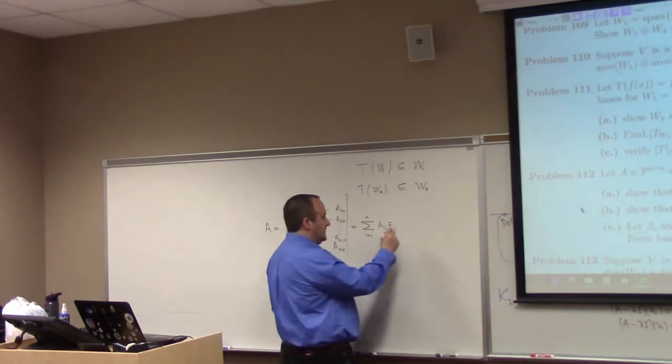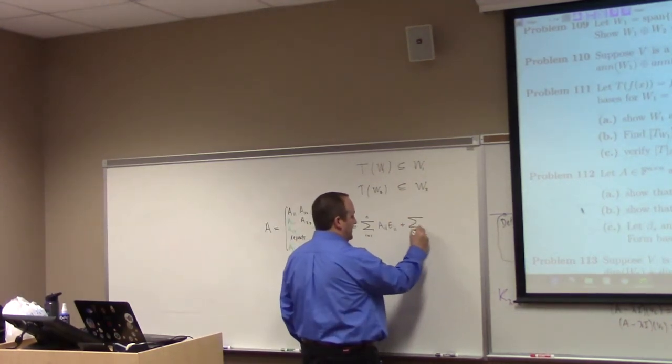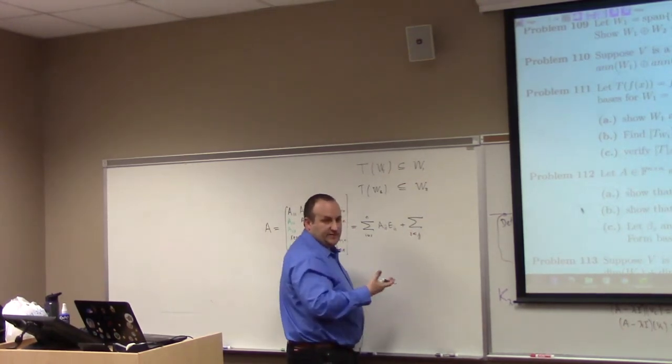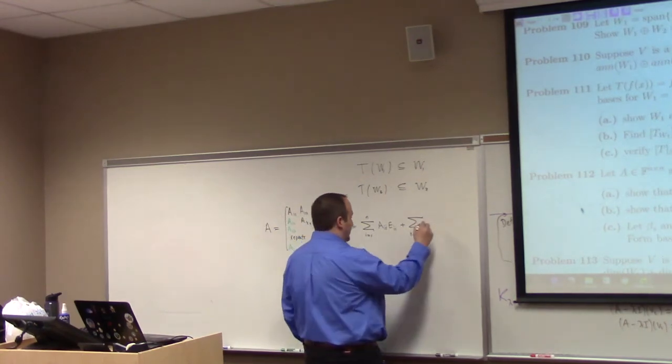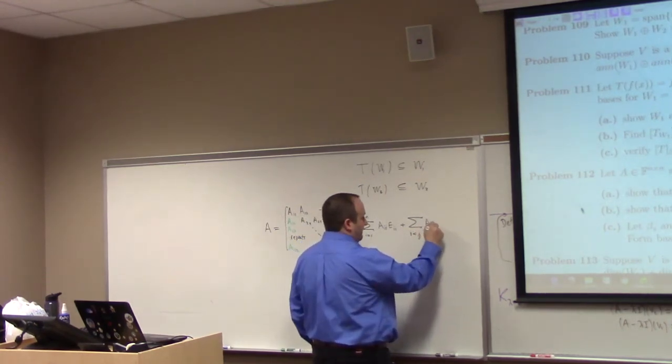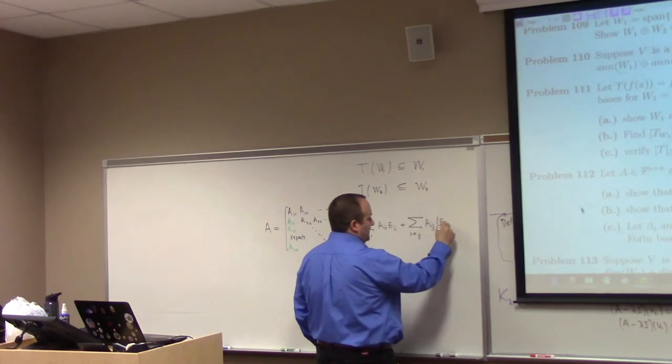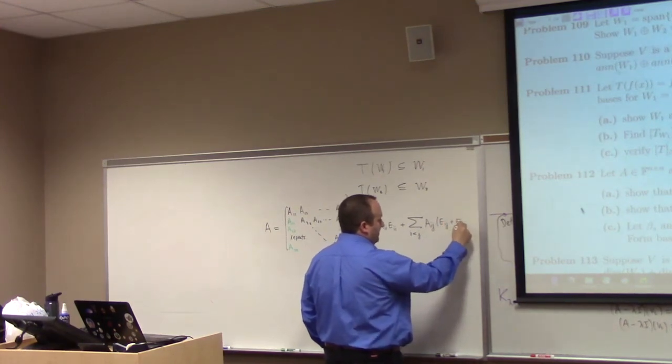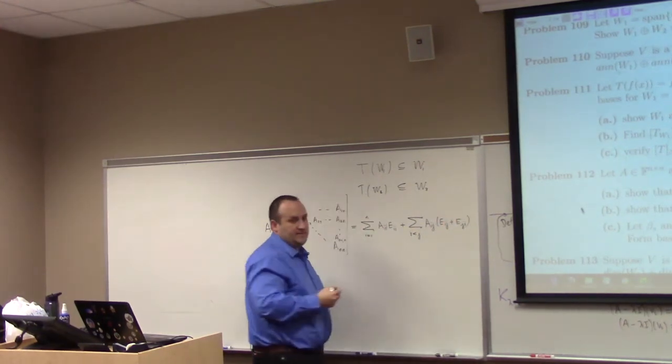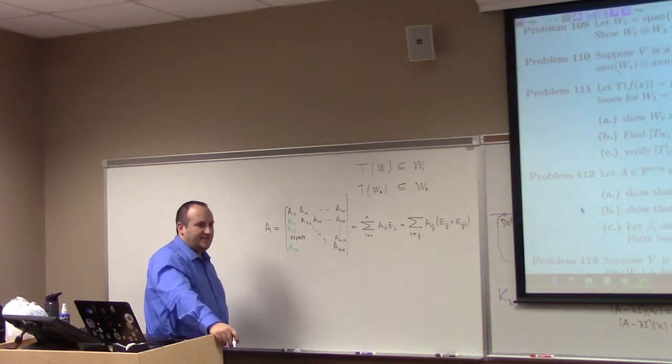And then you've also got a sum, and here's what you might not have thought of: i less than j of aij times (eij plus eji). So I think that's what you're asking me: you can see how to understand it but don't know how to write it down, right?